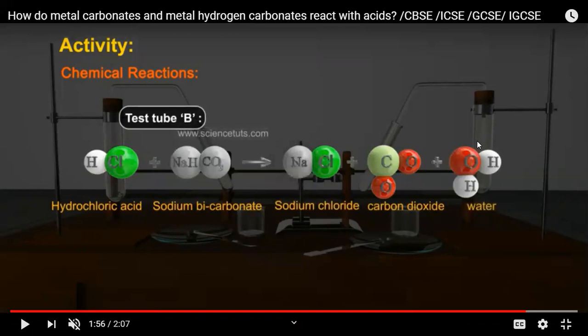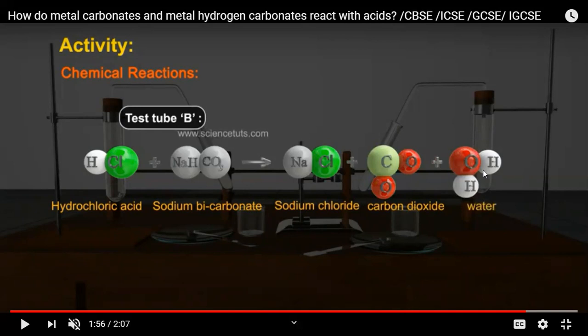You can observe the same concept here. Since sodium is more reactive than hydrogen, it will displace hydrogen. Sodium will combine with Cl. You can see NaCl and carbon dioxide will be liberated, plus H2O will be formed.